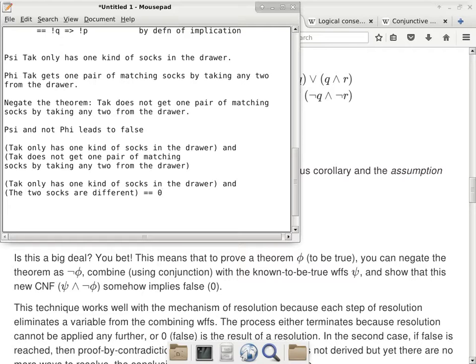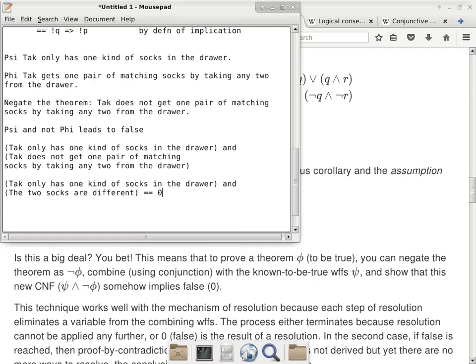I can convert any WFF into a CNF. That's the connection between these two. Any WFF can be converted into a CNF. So that means CNF is kind of like a universal representation of everything. You can look at it as a canonical form of stuff. Okay, so that's CNF.